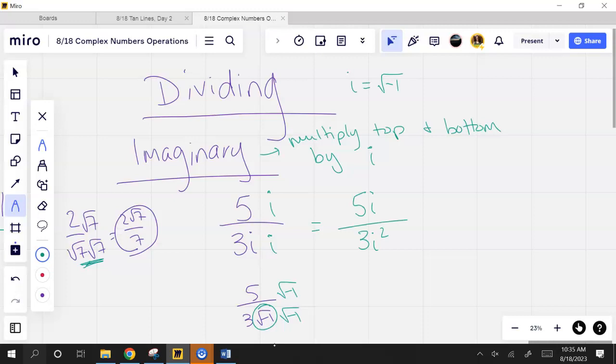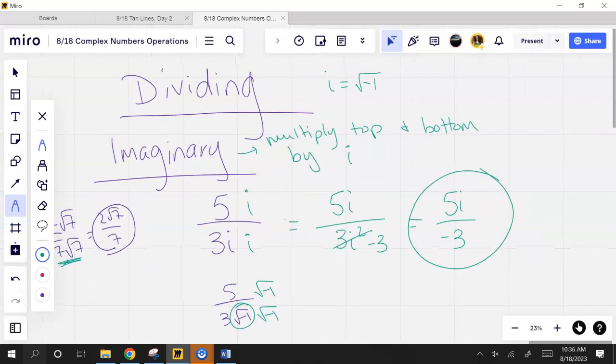So this is not 3i squared. It's really negative 3. So this is 5i over negative 3. Now I don't have a radical in the bottom anymore, and it's A-okay. Are y'all okay with that? Yes. Remember, it doesn't matter what's in the top, it's just the bottom.